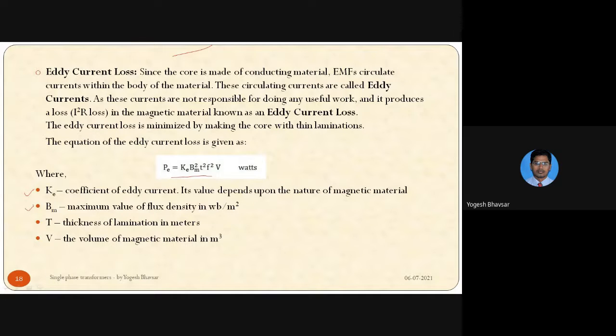Bm is the maximum value of flux density, as you know. t, see, this is small t, not the capital T, which is the thickness of laminations in meter. Thickness of laminations. And V, here it is a volume of magnetic metal. You can have small v here, which is a volume of the magnetic metal in meter cube.